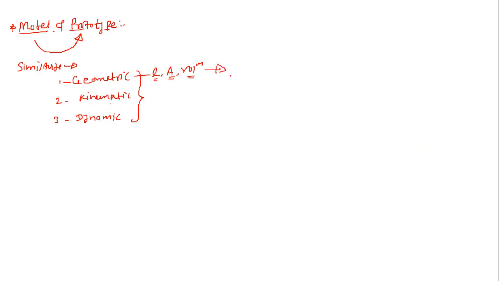If a geometric similarity exists, then it is called a geometrically similar model. Now, what is the length scale ratio? The length scale ratio is written as LR, and it is the length of the model to the length of the prototype. Here we consider length of model by length of prototype.